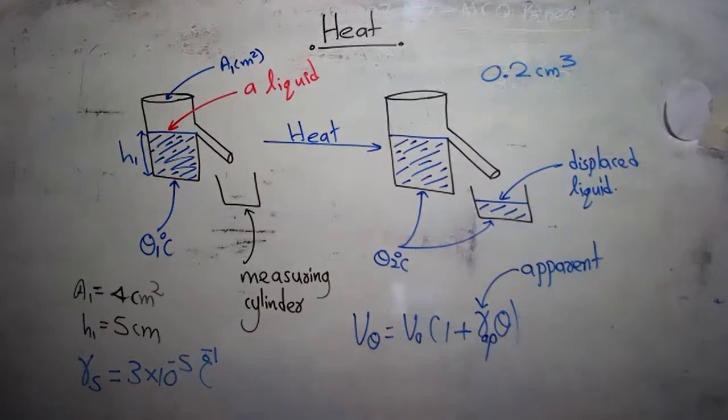Calculate the apparent volume expansivity of the liquid. If the volume expansivity of the material of the solid vessel is 3 into 10 to the power minus 5 degrees Celsius minus 1, calculate the real coefficient volume expansivity of the liquid.